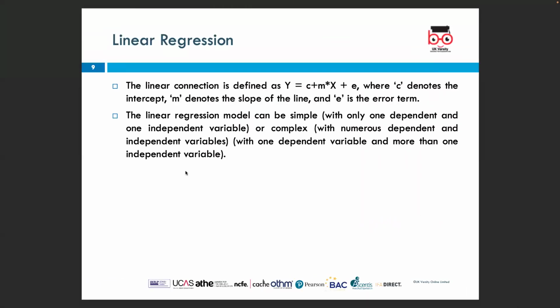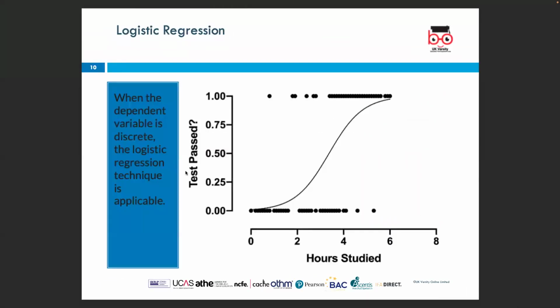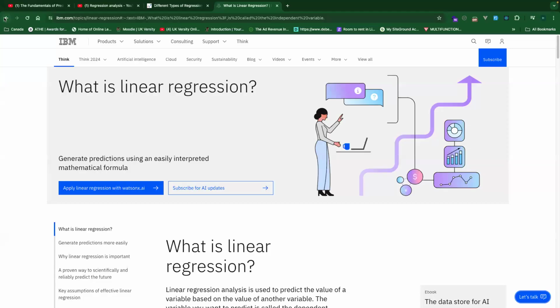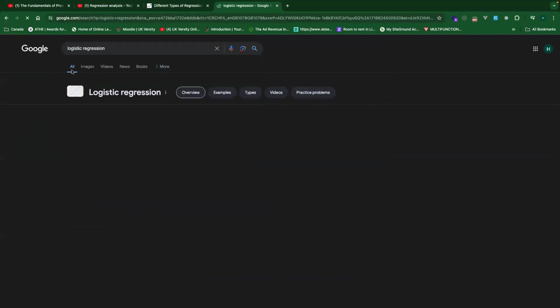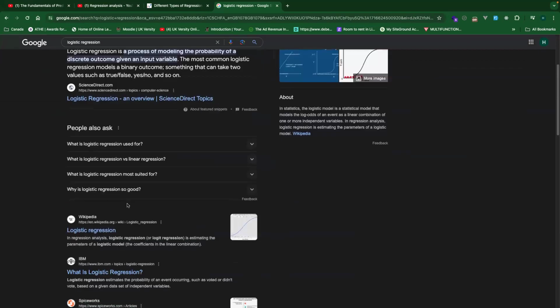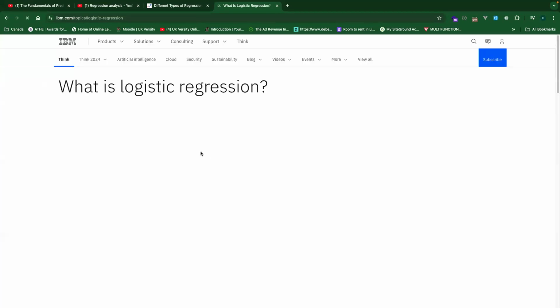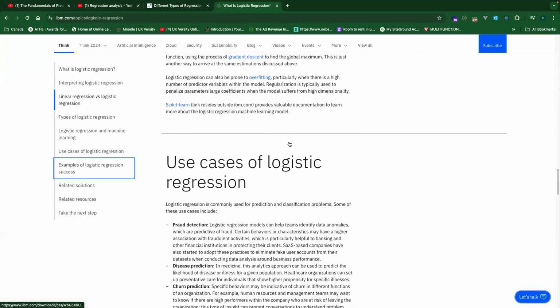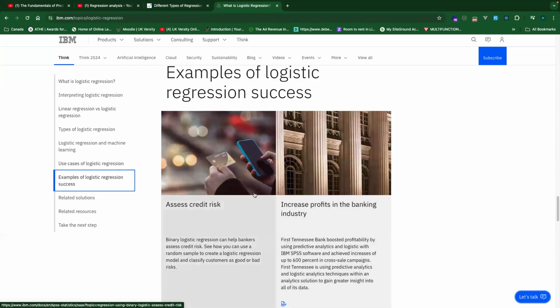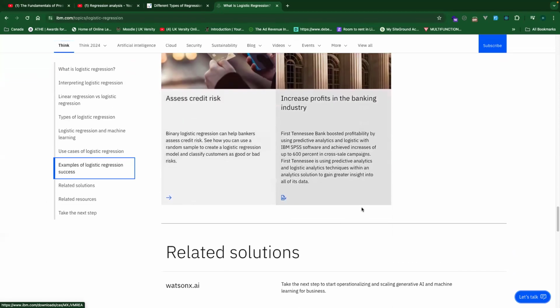Moving on, we have logistic regression. When the dependent variable is discrete, the logistic regression technique is applicable. We should be able to find what logistic regression is on the same IBM website. An example is assessing credit risk and increasing profits in banking.